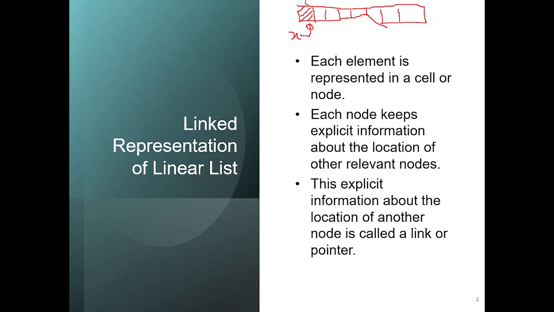The first element is at index 0, the second is at index 1, the third is at index 2, and the last element of an array is at index size minus 1. The size of the array is usually predefined and fixed, so the index of the last element is size minus 1. That is how you access individual elements of the array.